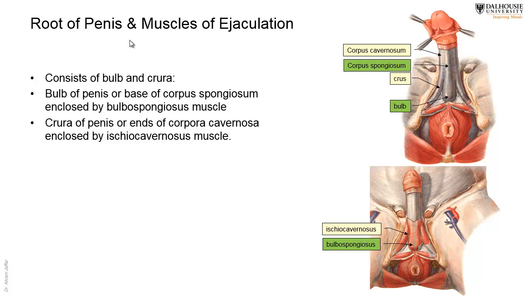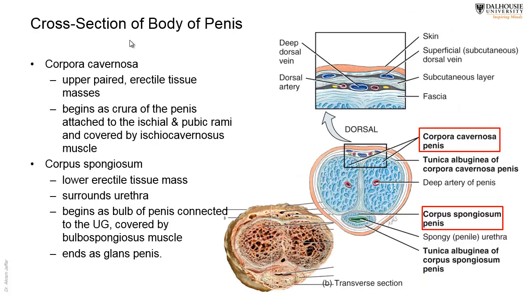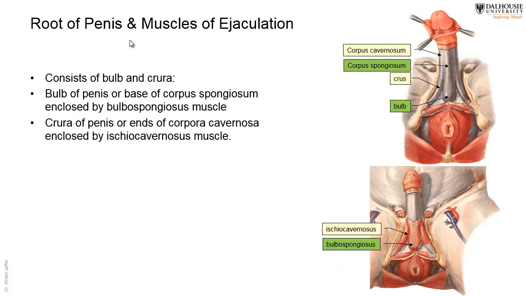And then the corpus spongiosum continues backwards as the bulb. So you have a single bulb here, but 2 crura, because you have two corpora cavernosa. So posteriorly they continue as 2 crura, but there is 1 corpus spongiosum.